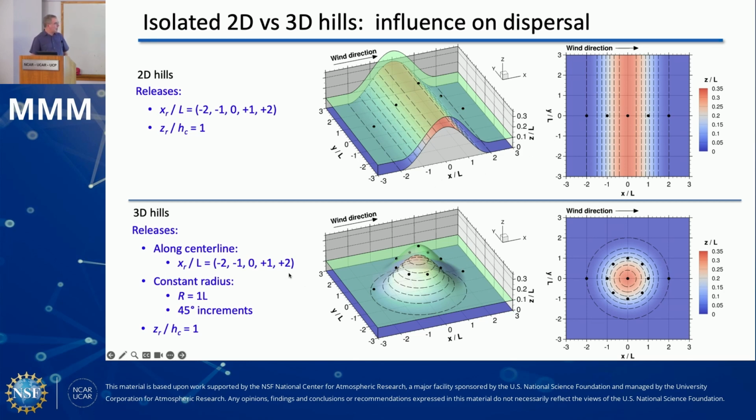And then for the 3D hill, I'm releasing them along a center line here, but then also along the flanks, but I'm only going to really talk about the stuff that's right along the center line at the moment. So these seeds have inertia, just like we discussed with the VTs that I'm specifying here of 0.25, 0.5, 0.75, and 1. I'm really only going to talk about the 0.5.